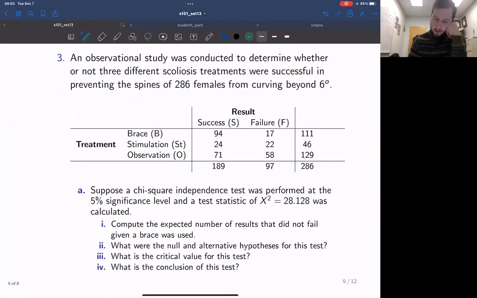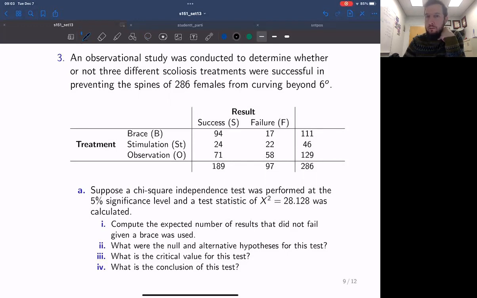Okay, problem 3. An observational study was conducted to determine whether or not 3 different scoliosis treatments were successful in preventing the spines of 286 females from curving beyond 6 degrees. So we have a contingency table for the treatments and whether or not the treatment was successful.